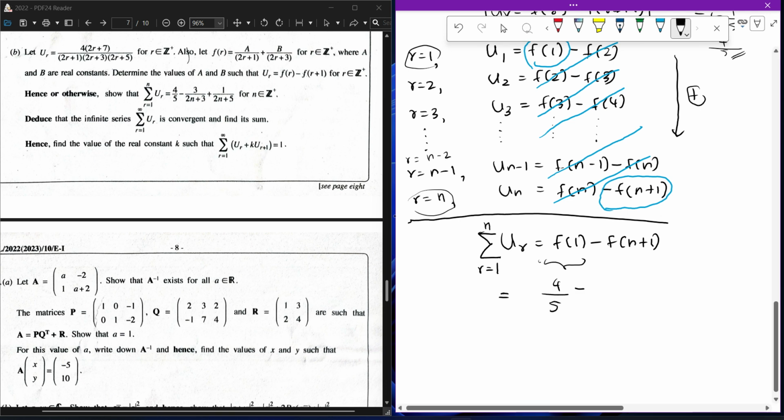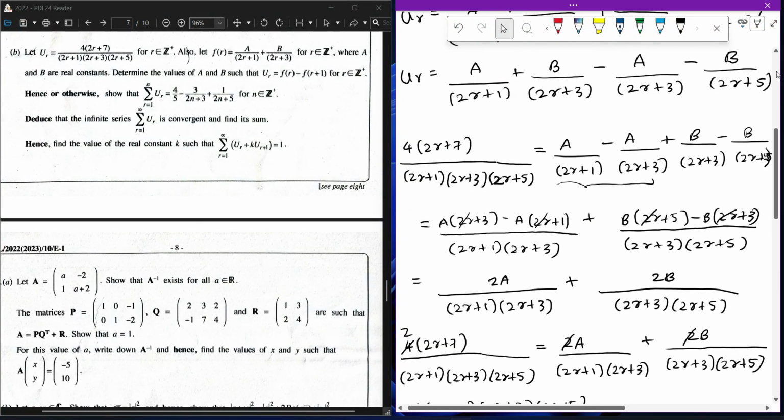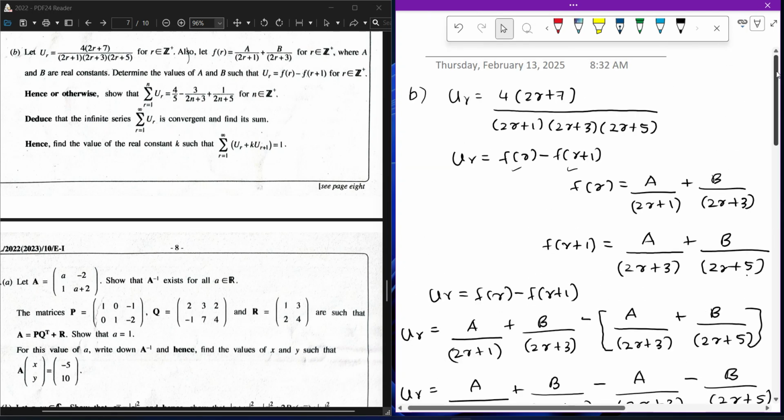Now f n plus 1. So we'll have to move on to the fr plus 1 part. So we dealt with this one and now we have to deal with this.